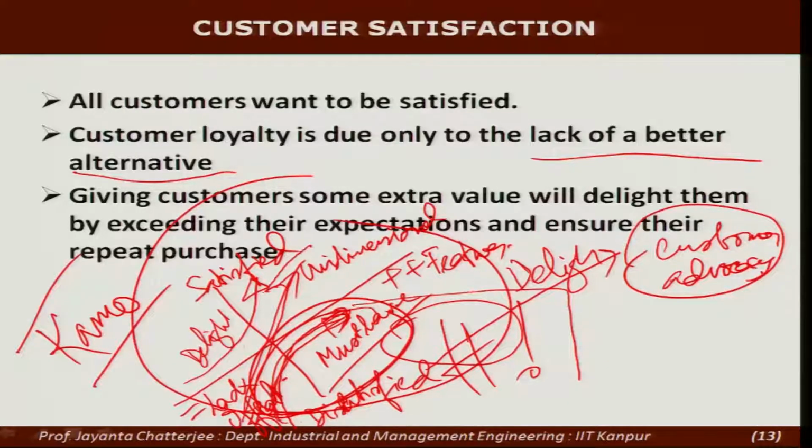And there is also a certain limit that you must set on the investment that you do in these unidimensional types of factors, and you should actually put more emphasis or more investment in these factors which cause delight, because that is what will take you towards customer advocacy.